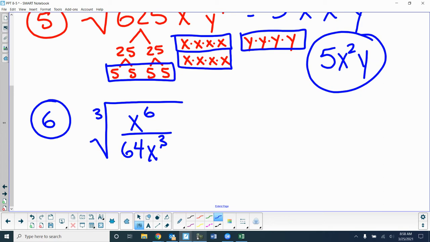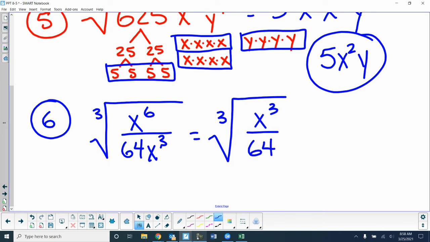So I can get rid of 3 of them, and rewrite it as x to the 3rd over 64. When you have radicals and you can simplify the fraction, it's easier if you simplify that first.